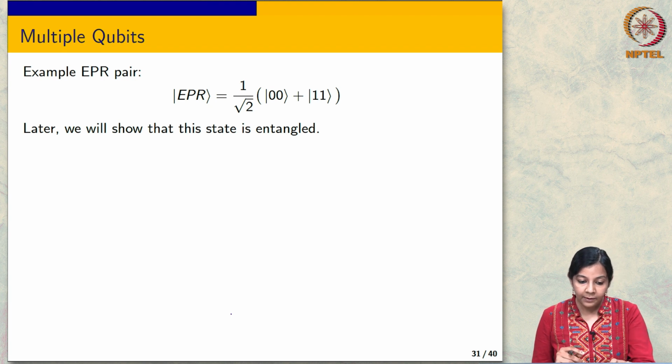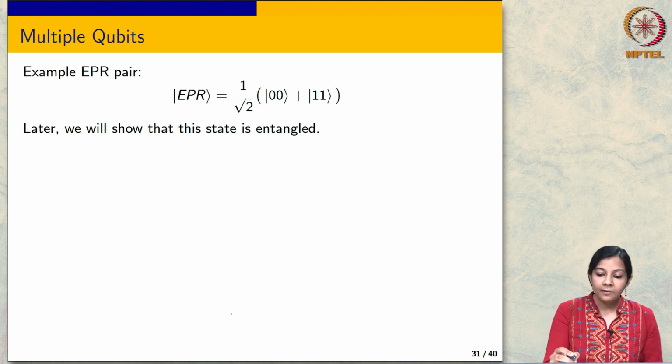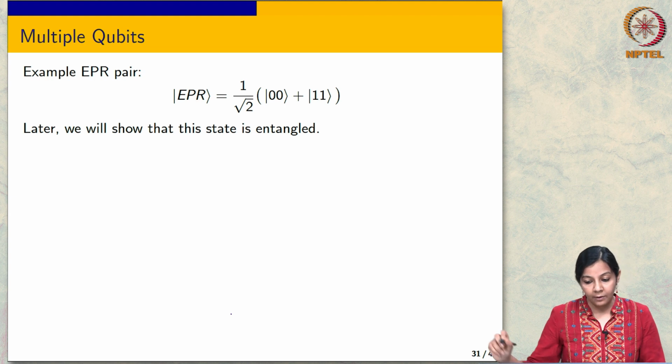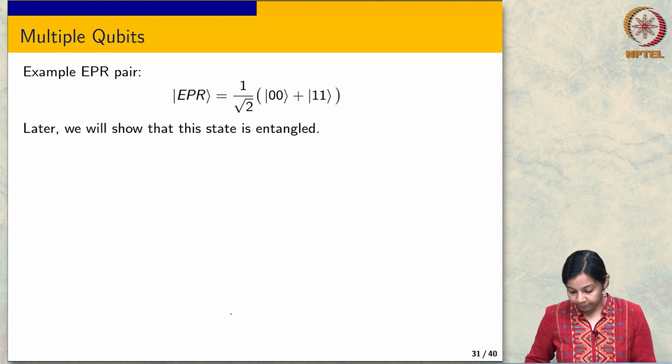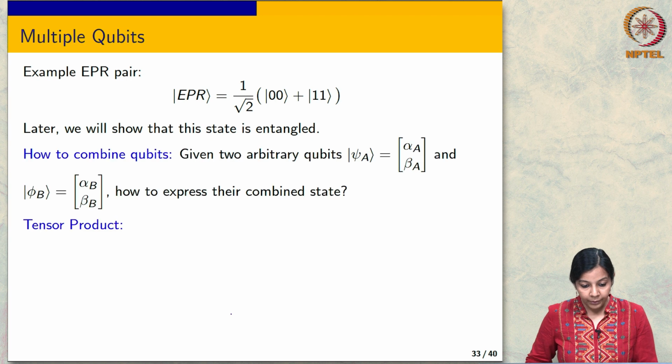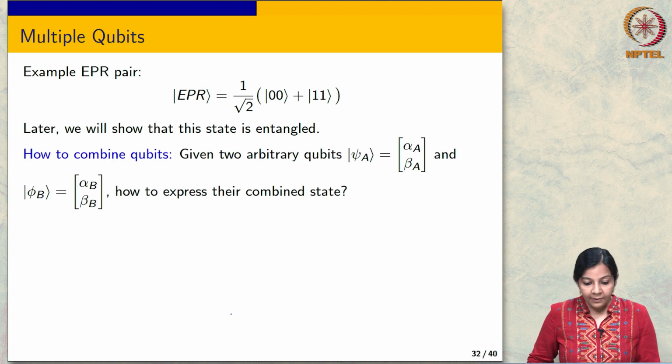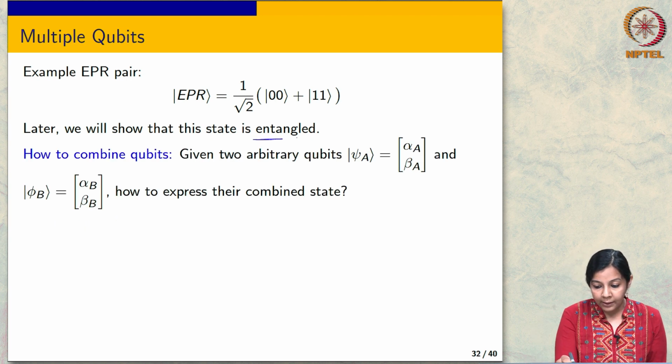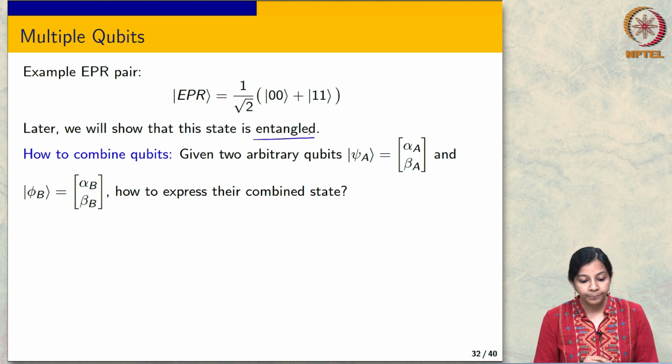This is Einstein, Podolsky and Rosen. This is a famous state named after these 3 famous scientists. This is 1 over root 2 (|00> + |11>). As I already said, we later show that this state is entangled. We will define it also later.